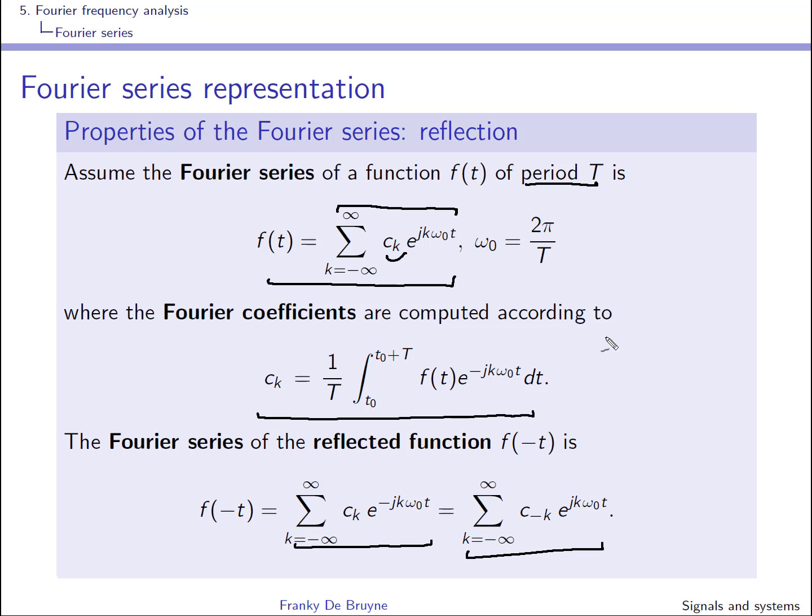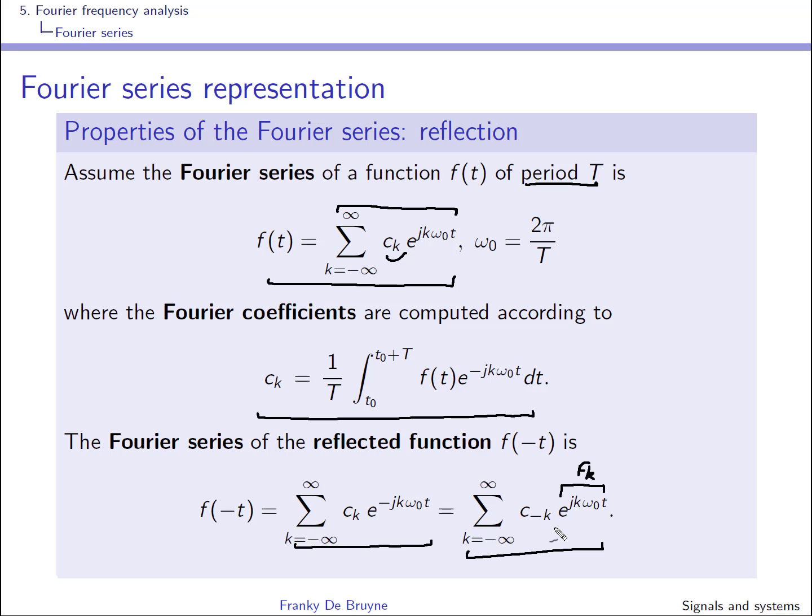And the reason why we do this is that here we recognize f of k. So this is the Fourier function in the basis, and this last expression is indeed a Fourier series.